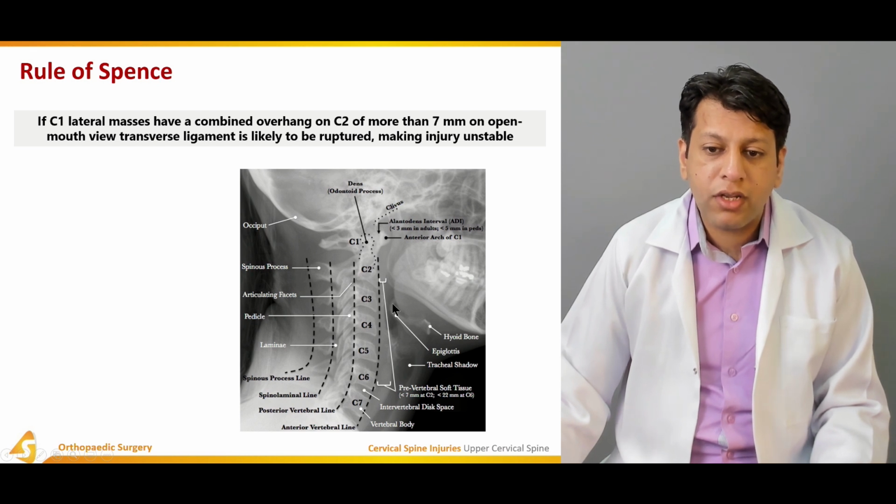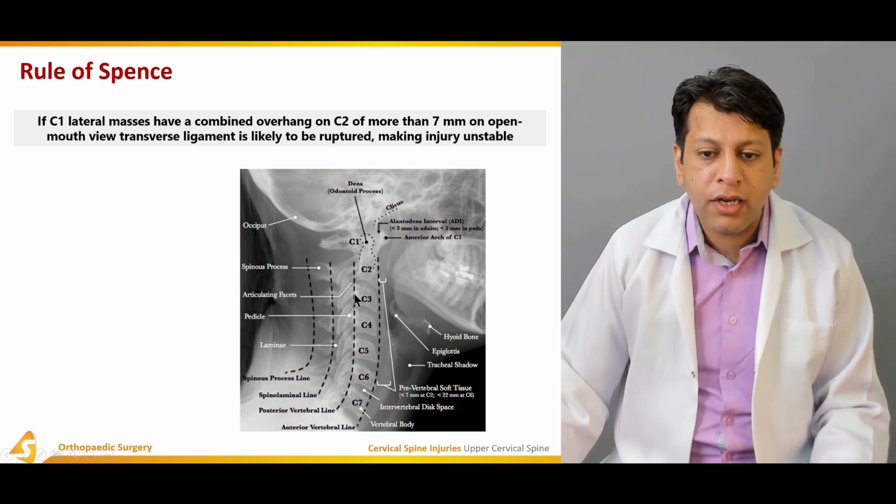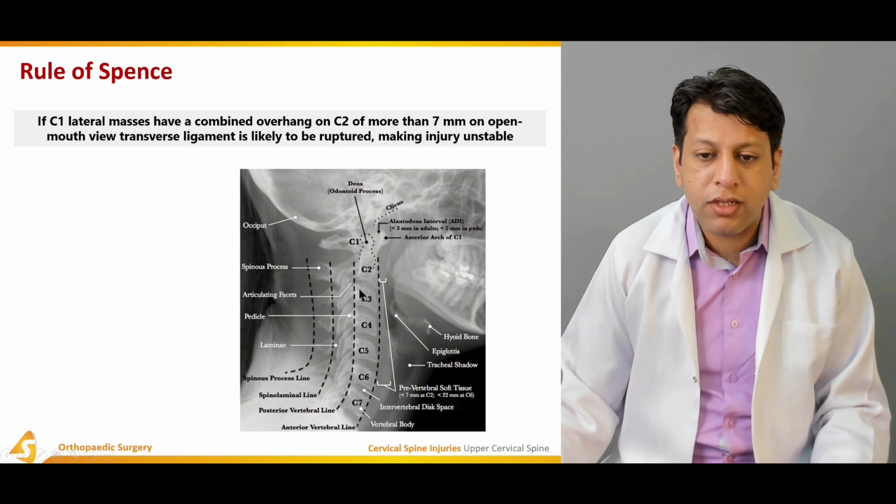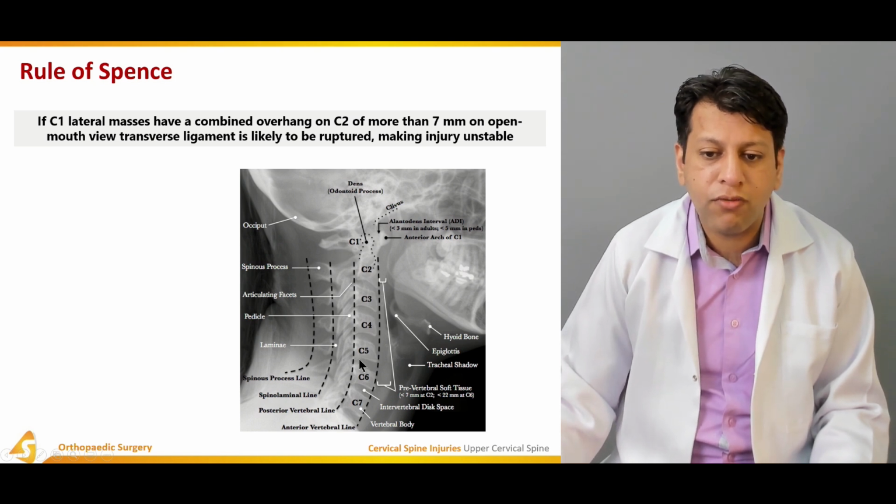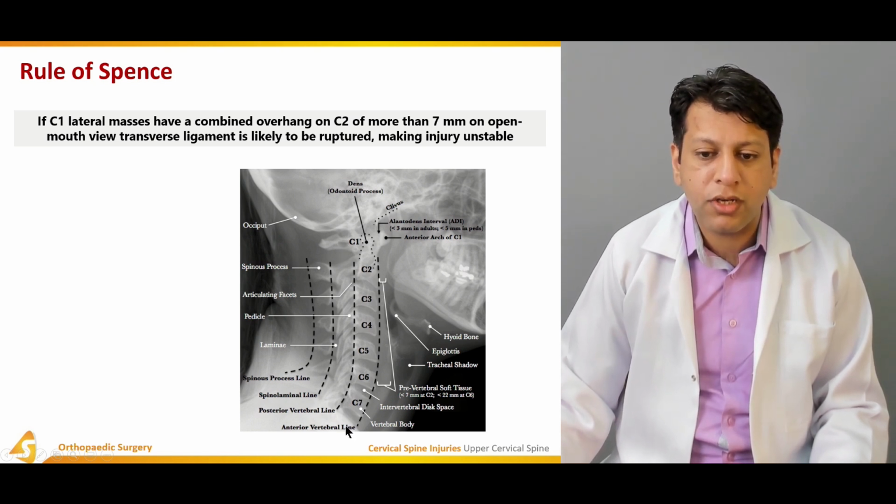Now, if you see this, I was talking about when you get a lateral view x-ray of any cervical spine, these are the important lines: anterior vertebral line, posterior vertebral line, spinolaminar line, and spinous process line. These lines have to be oriented normally, and then you have to look at the C1, C2, C3, C4, C5, C6, C7 and T1 bodies as well.